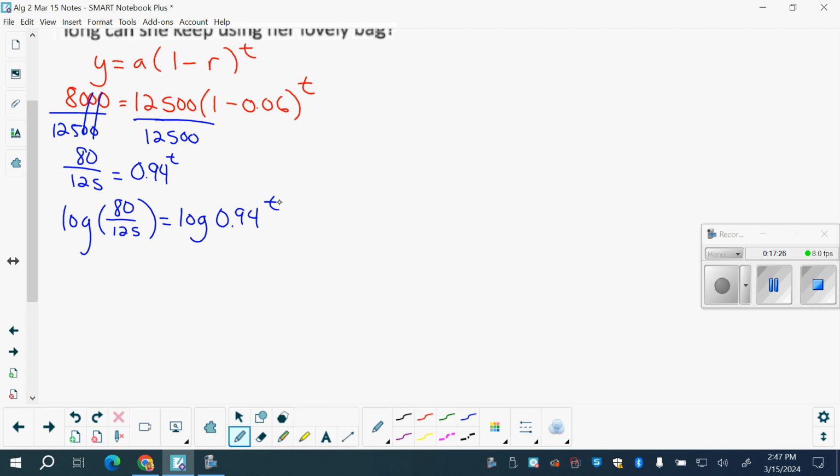And then what do we do next? So move the t to the front. So it's t times log 0.94.